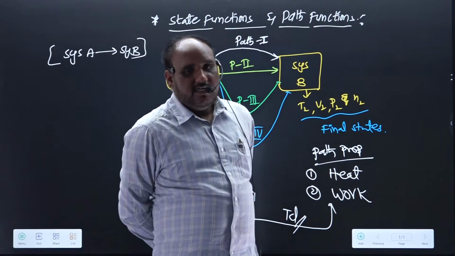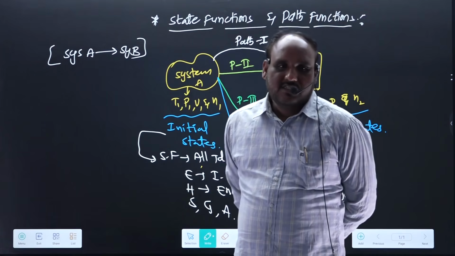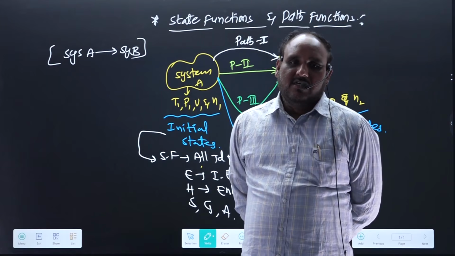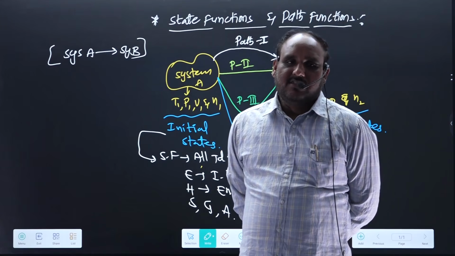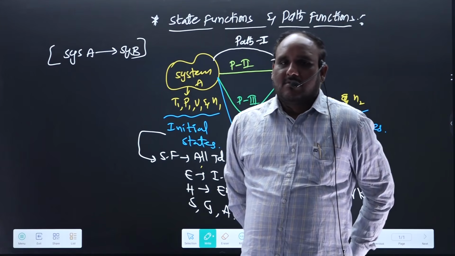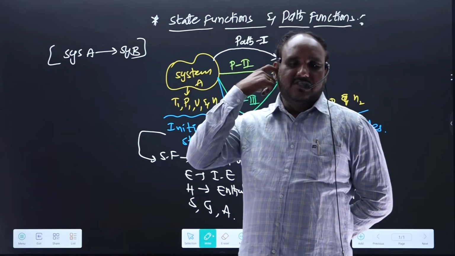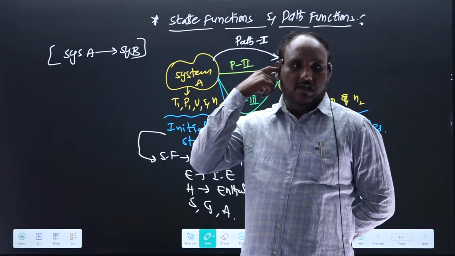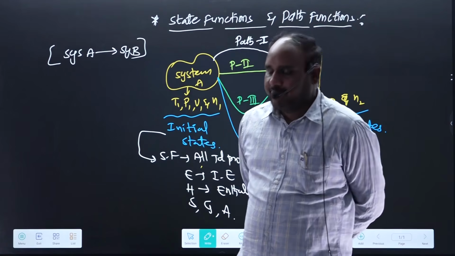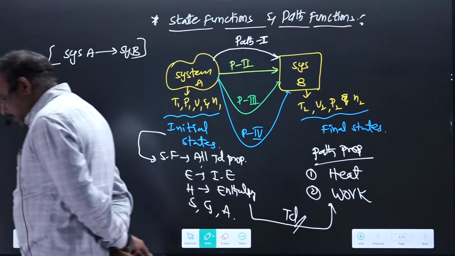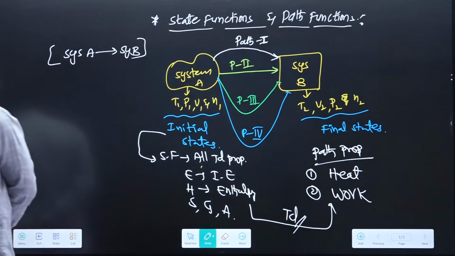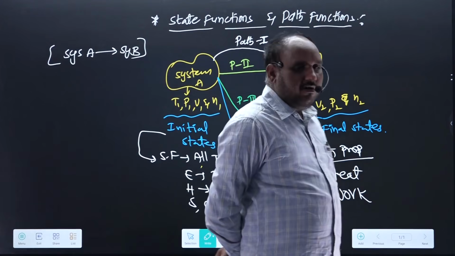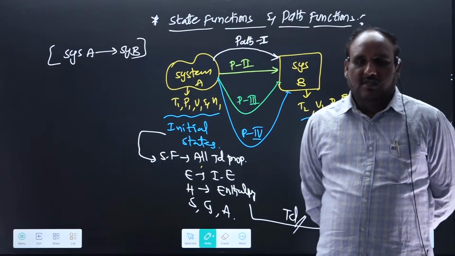Initial and final states of the system, and independent of pathways, called state functions. Example: all thermodynamic properties.